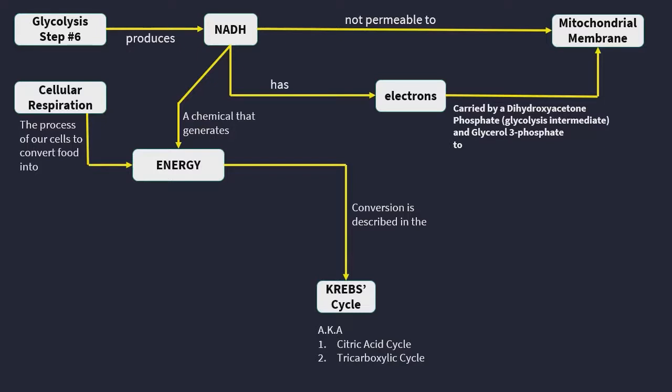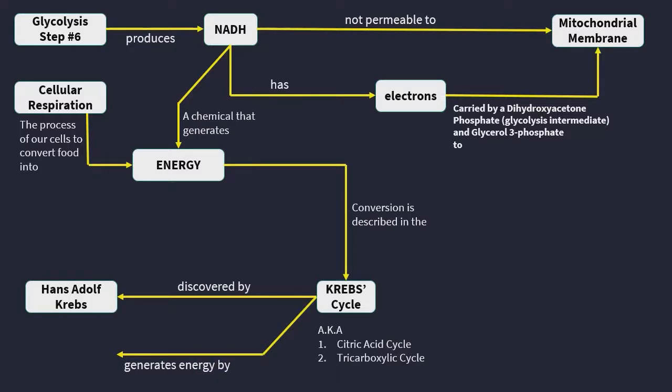And so who developed the Krebs cycle? It was discovered by a scientist named Hans Adolf Krebs. The Krebs cycle generates energy by oxidizing the acetyl-CoA. Remember that in glycolysis, we are already producing two molecules of pyruvate.